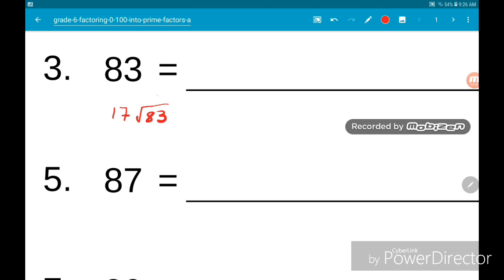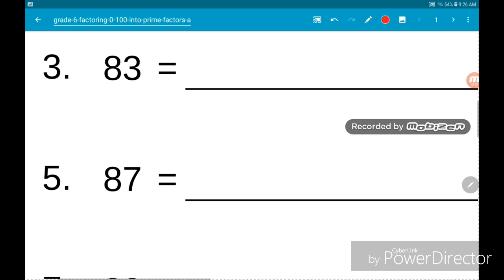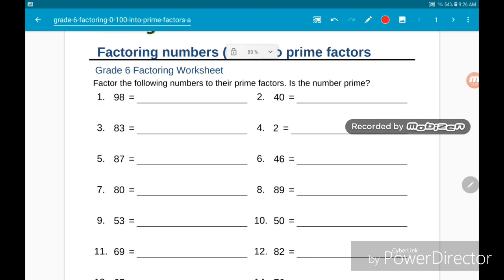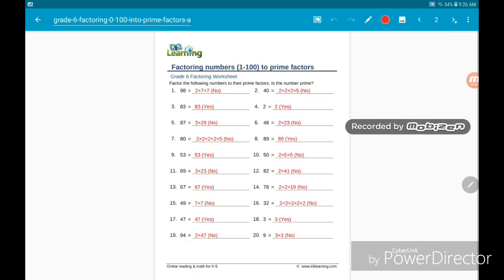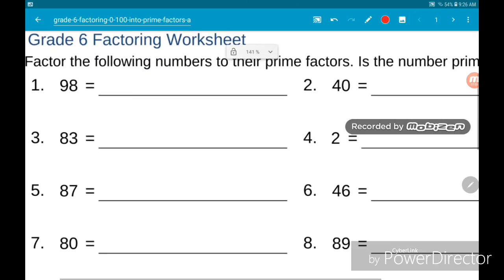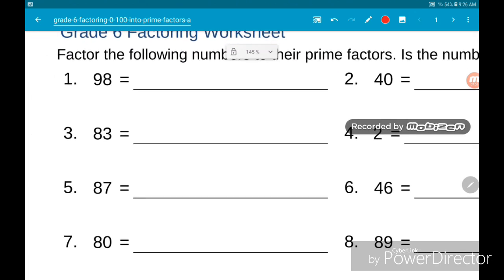Let's try 4. 5, 6, 3. Nope. This is 5. So this is, the answer is prime. We tried everything, so the answer is prime.